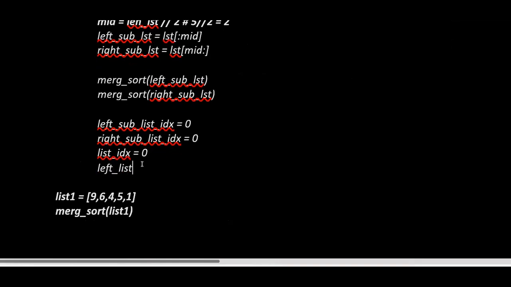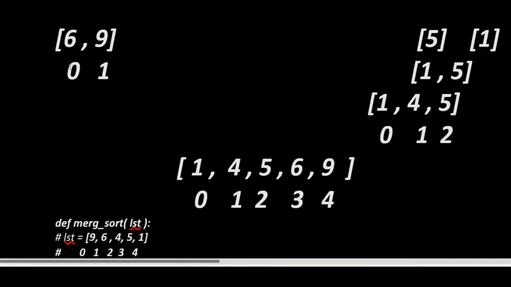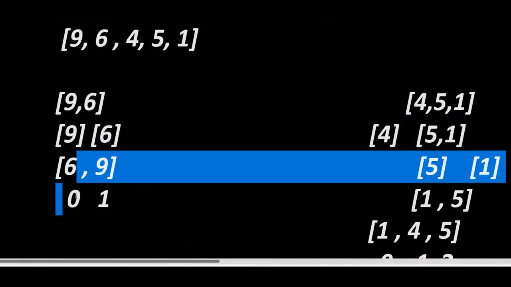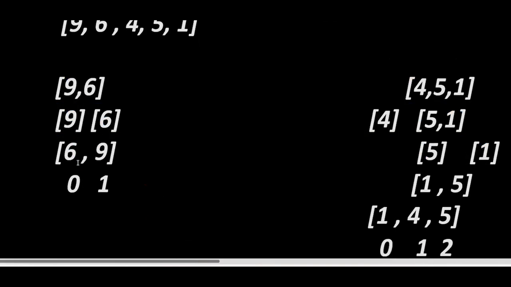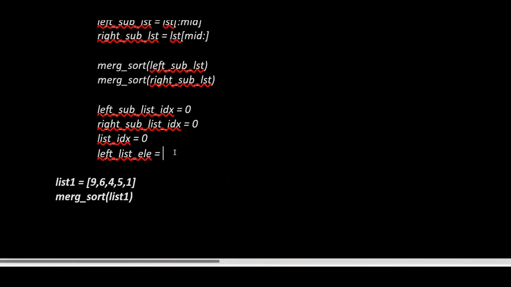How do I find the left list element? By using the left sublist index in the left sublist, I can find this left element.